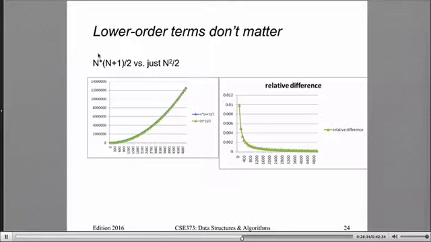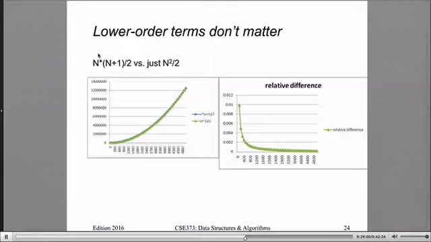Actually, to understand this concept, we can understand it practically. If you take the two functions n times n plus 1 divided by 2 and you compare it to n squared divided by 2, well, you see the relative difference between the two is decreasing very fast as n is increasing.